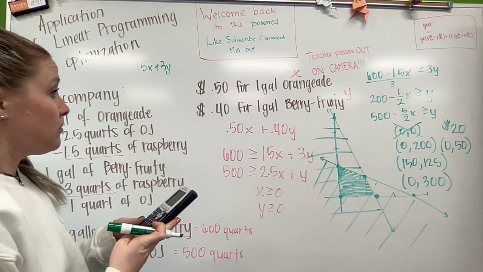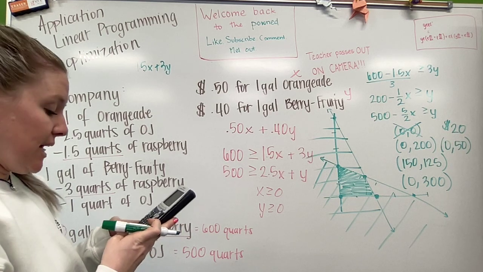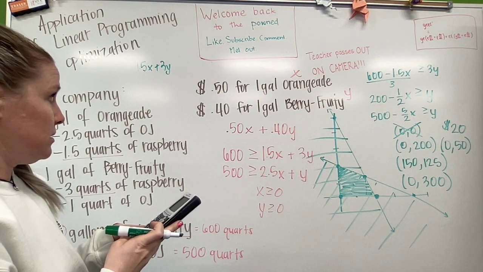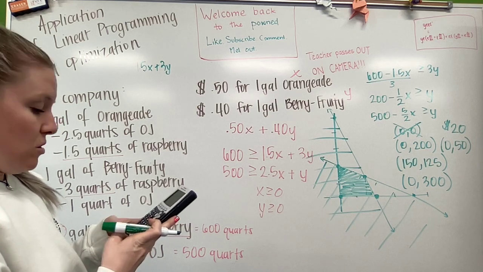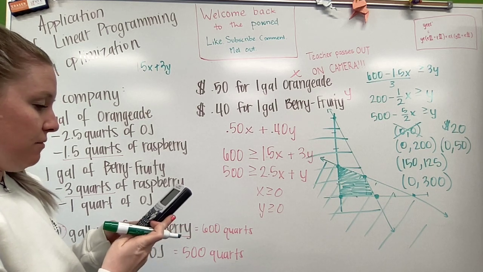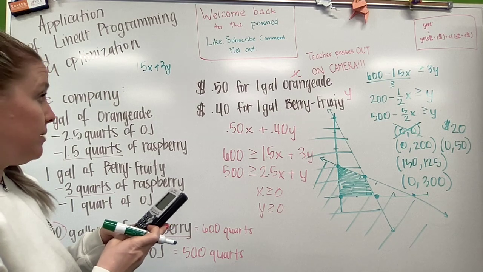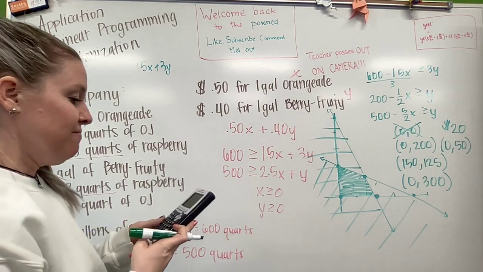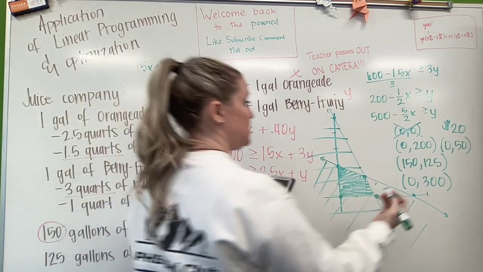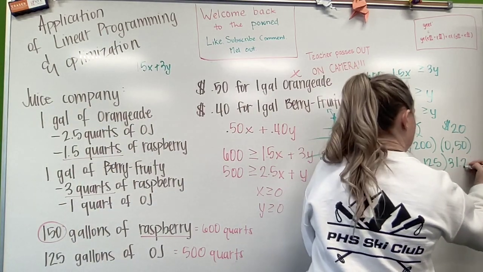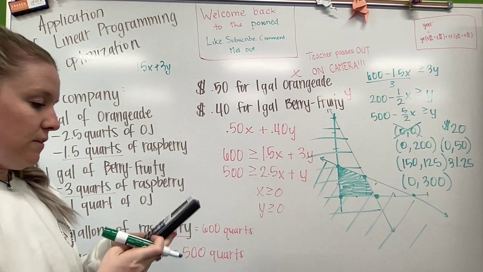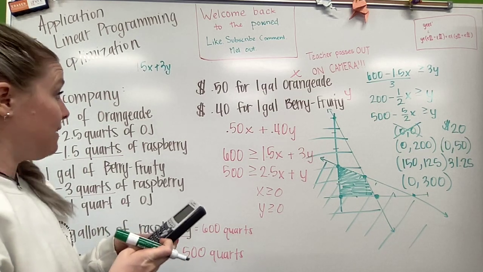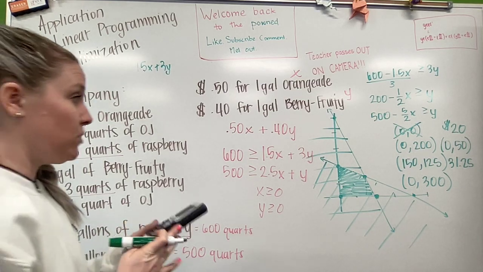And then plus 125 divided by 4 times 0.4. So these are going to give us the 31.25. And then the 300 divided by 4 to turn it into a gallon, times that by 0.4.